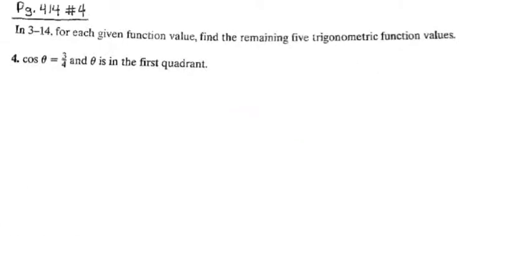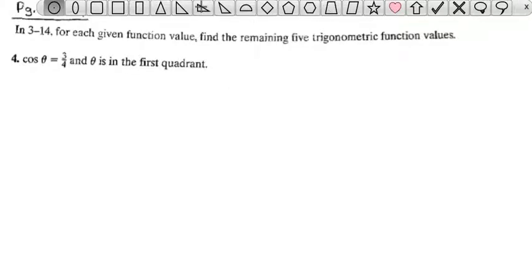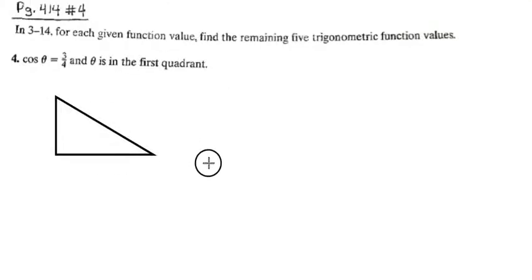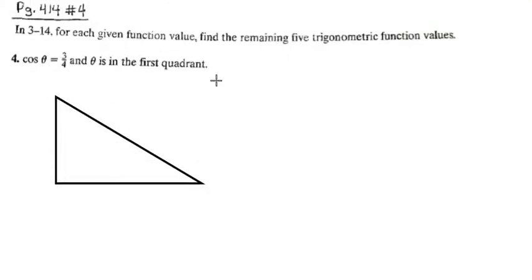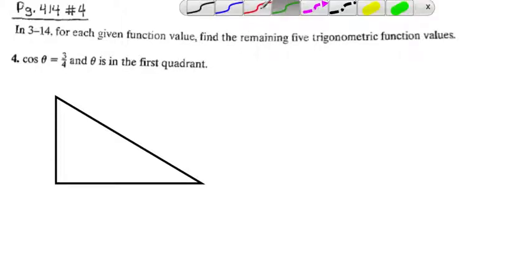Alright, let us look into the next question. Find the remaining 5 trigonometric functions. Since this angle is in the first quadrant, all the values will be positive. Given that cosine theta is equal to 3 over 4, one thing we can do is assume a triangle.